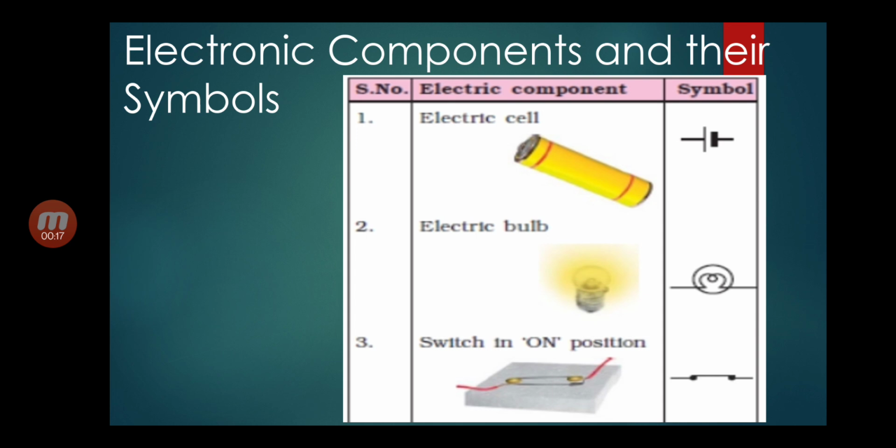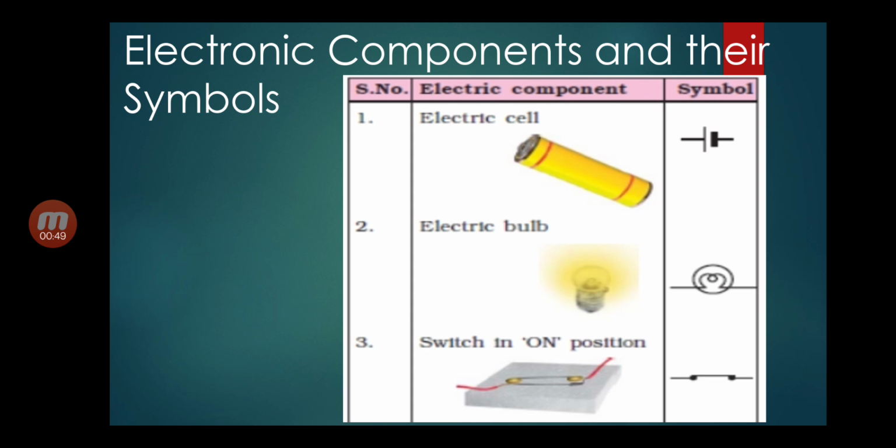Now, electric components and their symbols. Some common electric components can be represented by symbols. In the table, some electric components and their symbols are shown. Look at the symbol carefully in the table for the electric cell. Notice that there is a longer line and a shorter but thicker parallel line.